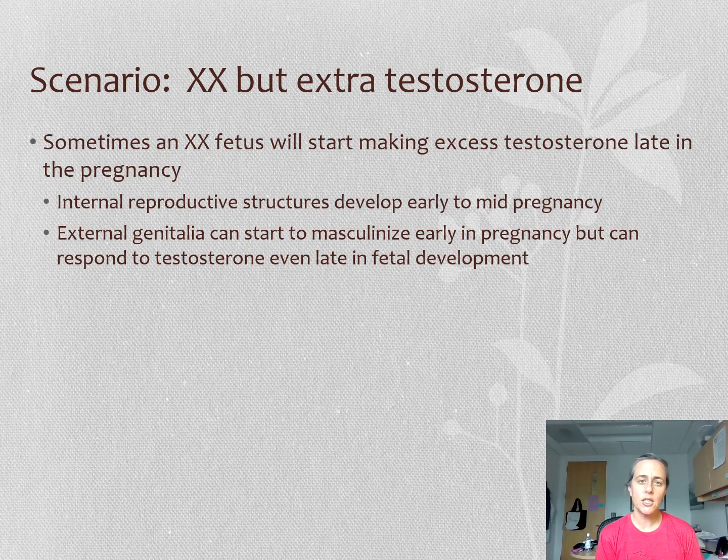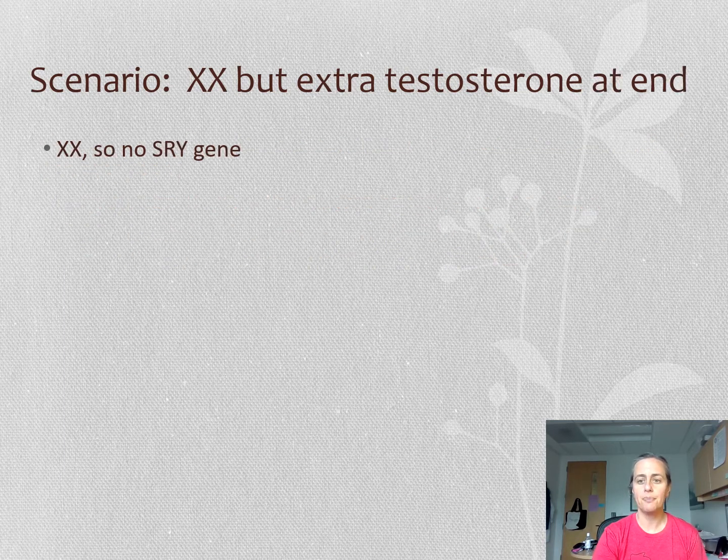The external genitalia will develop and differentiate very early in pregnancy if the signal is to masculinize. But if they're going to feminize, although they start doing that early in the pregnancy, they can still respond to testosterone even late in the pregnancy. So that makes for a really interesting situation.